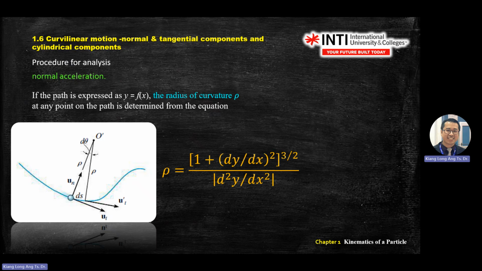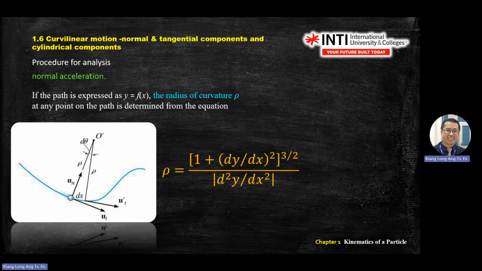You need to memorize this: rho equals [1 plus (dy/dx) squared] to the power of 3/2, meaning you multiply 3 times, and over 2 means square root.